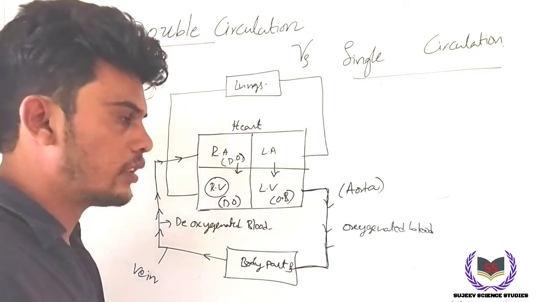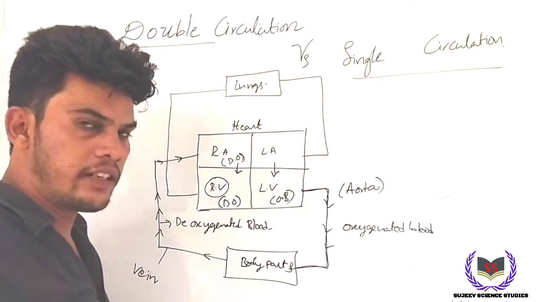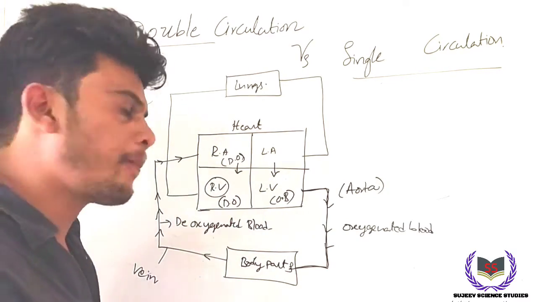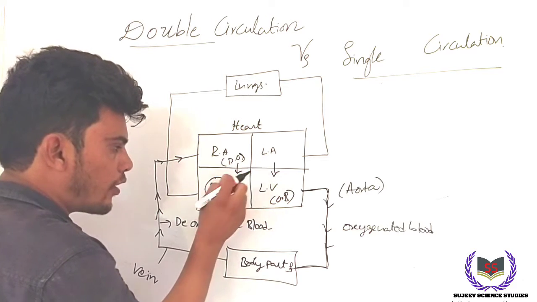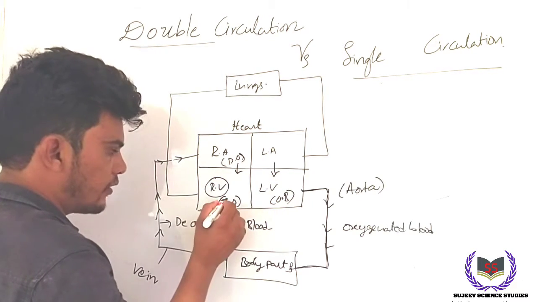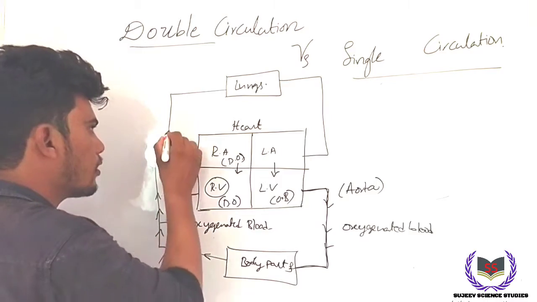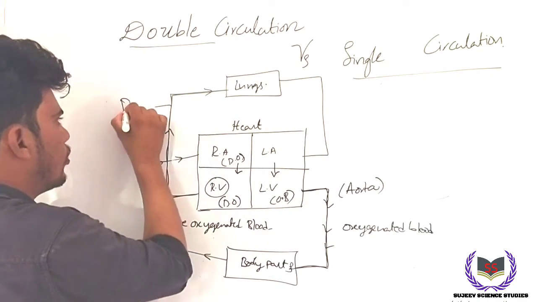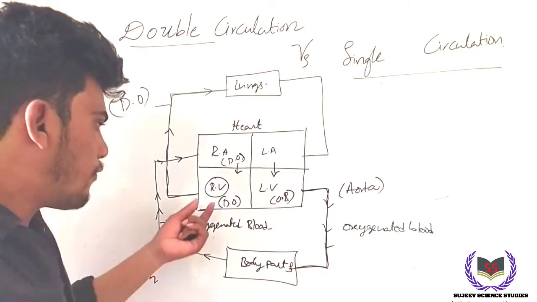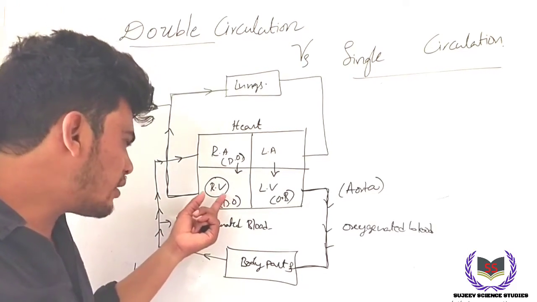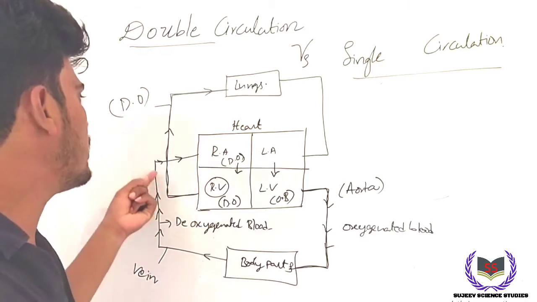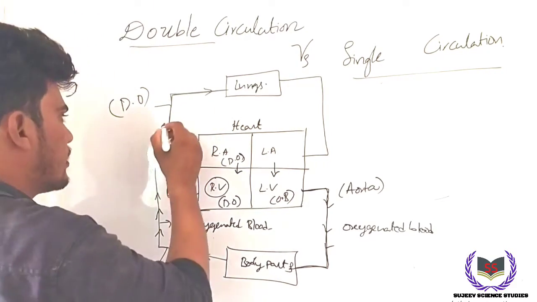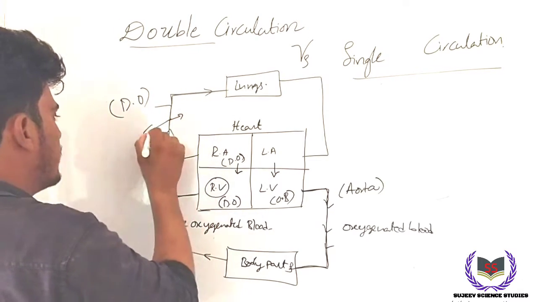When this deoxygenated blood enters the right ventricle, the ventricles start contraction and the auricles start relaxation. Then when the ventricles contract, the deoxygenated blood goes to the lungs. From the right ventricle, the deoxygenated blood goes to the lungs through which vessel?